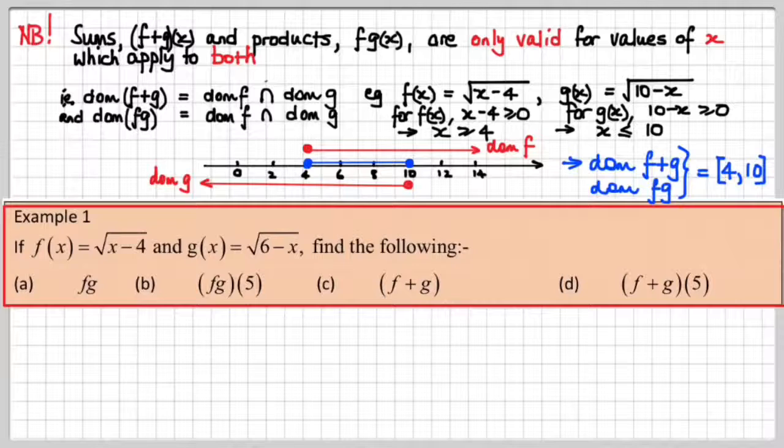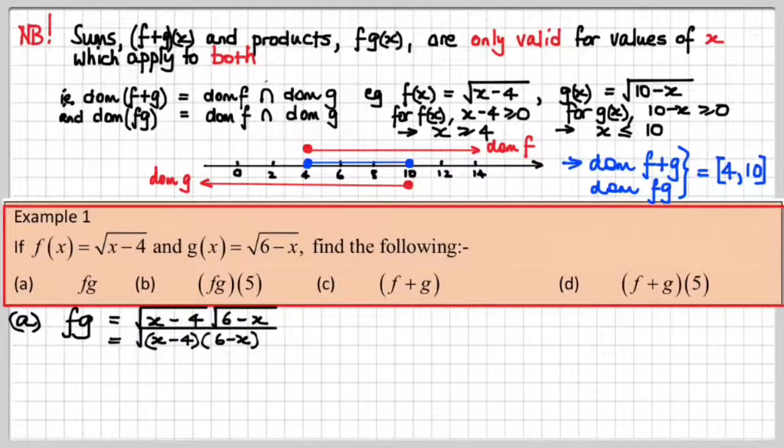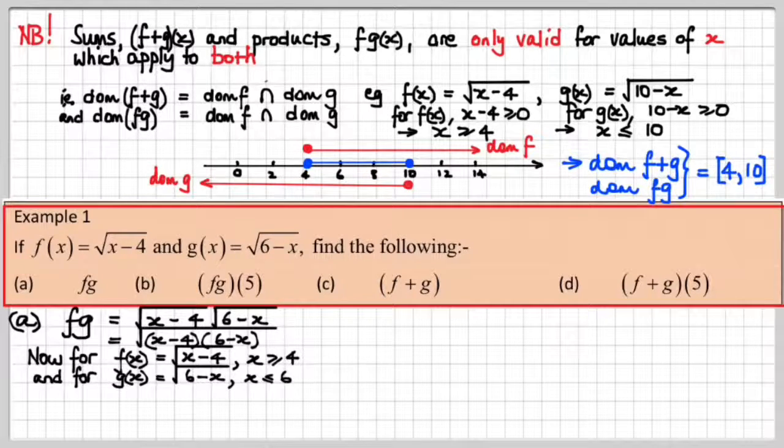Terrific! Now, this example is just asking us the following questions, which we can now do quite easily. So let's do A. f times g would simply be the product of those two functions. Makes sense, doesn't it? And we know that the domain is going to be, see, one of them's got x greater than or equal to 4, this one's less than or equal to 6, and therefore the domain that's common to both of them is going to be from 4 to 6 inclusive.